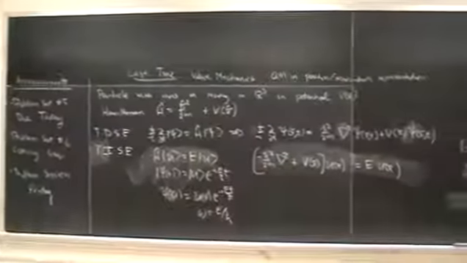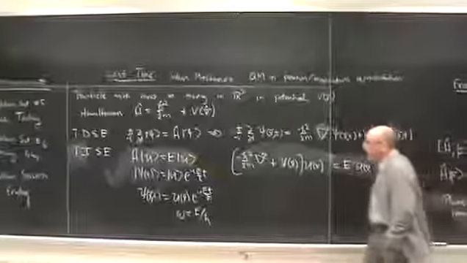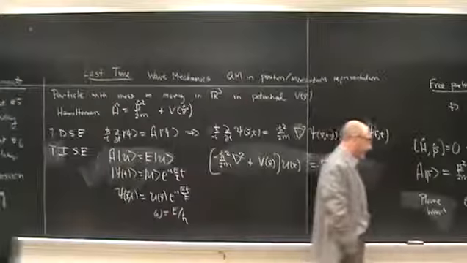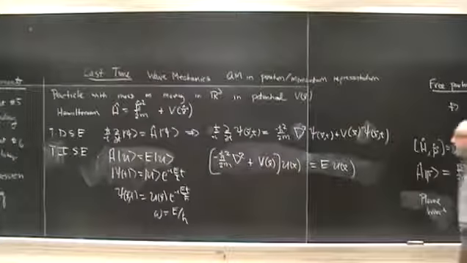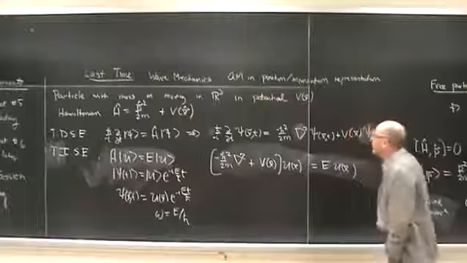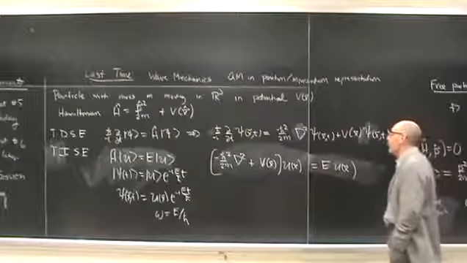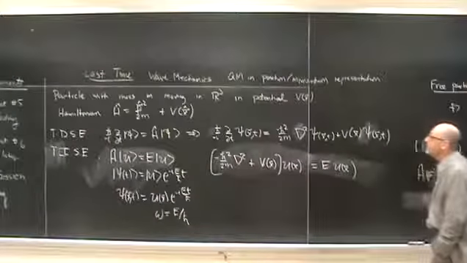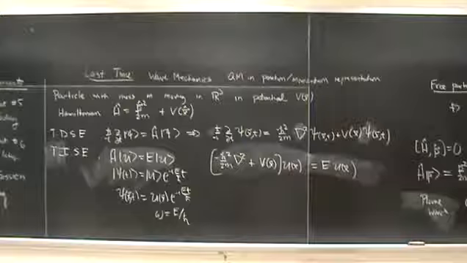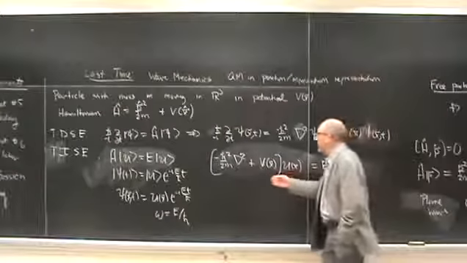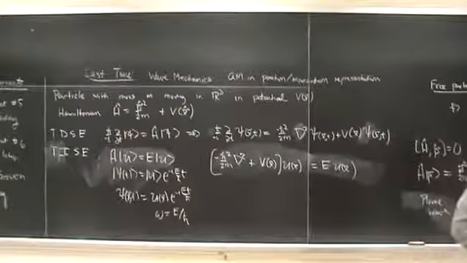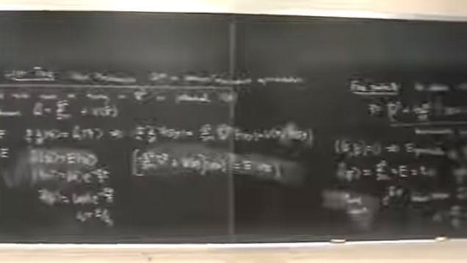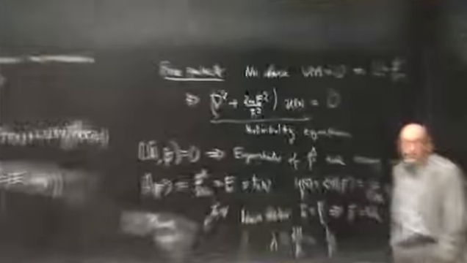And the time-independent Schrödinger equation, which tells us about the stationary states, i.e. the energy eigenstates of the system, takes the form of a time-independent wave equation. Of this form.